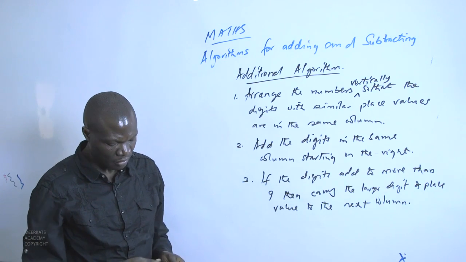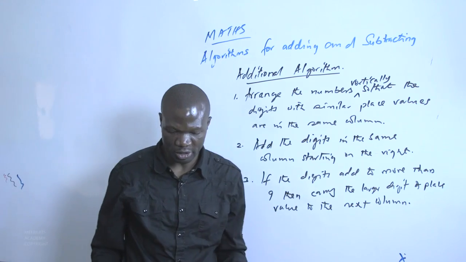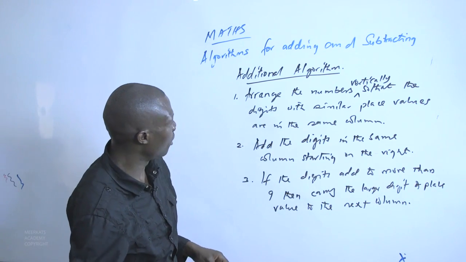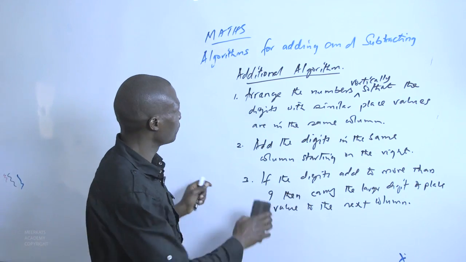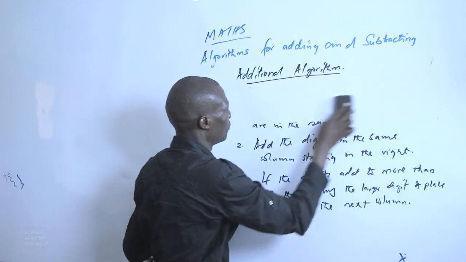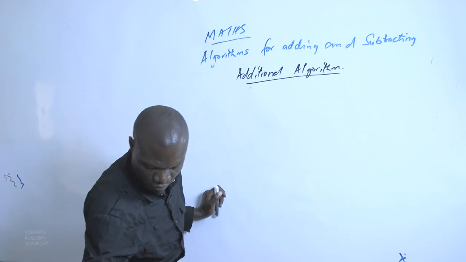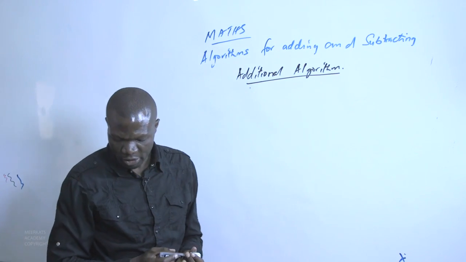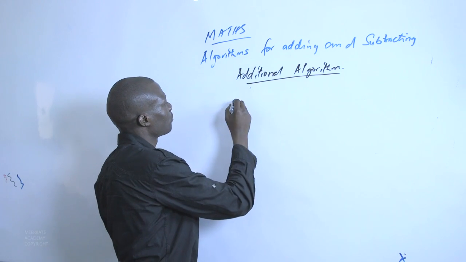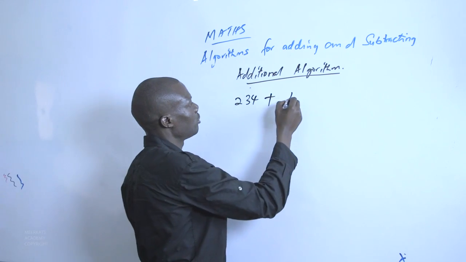Now let us look at these procedures as illustrated in problem solving. So take 234 plus 192.